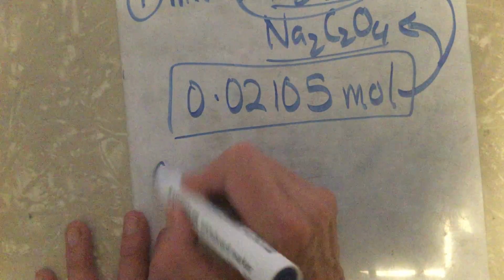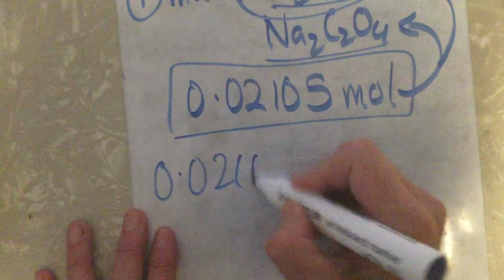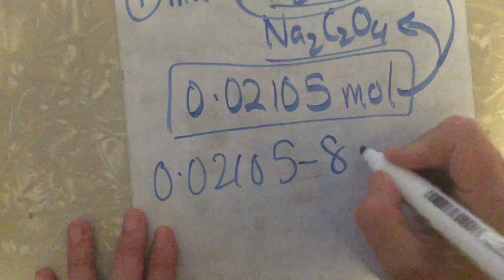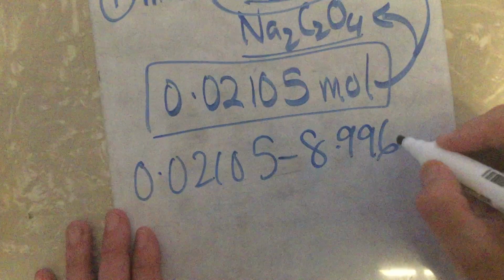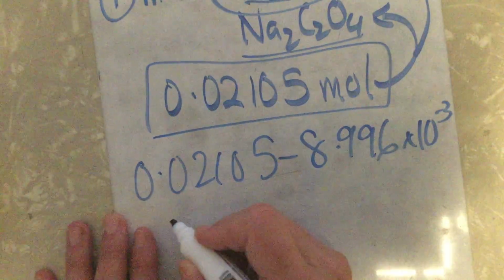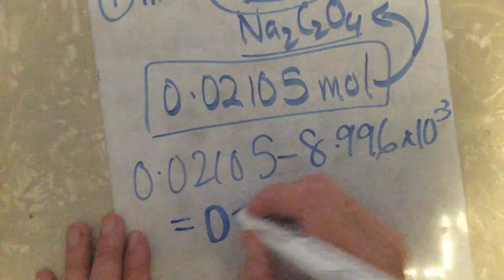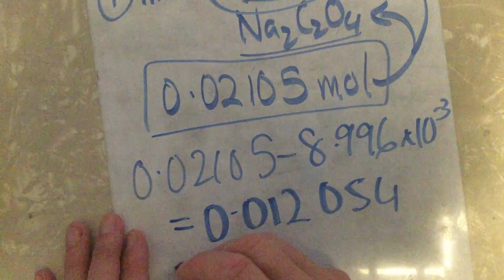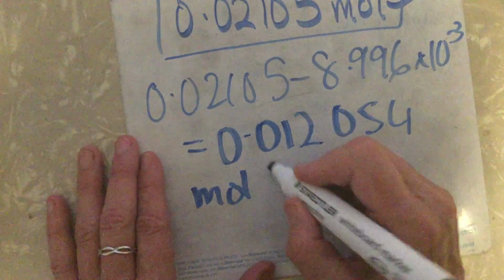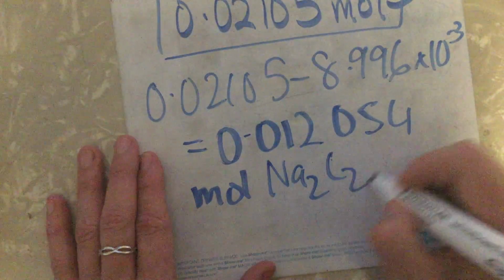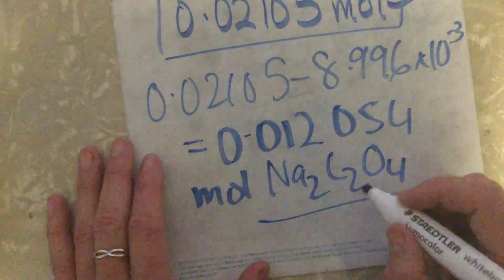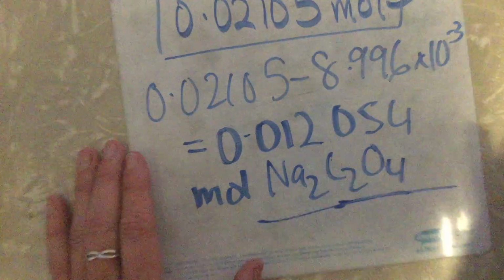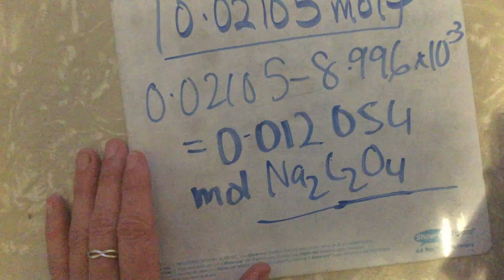So if we go 0.02105 subtract 8.996 times 10 to the minus 3, we get 0.012054 moles, and that is of the Na2C2O4. Well, the C2O4 from the Na2C2O4.